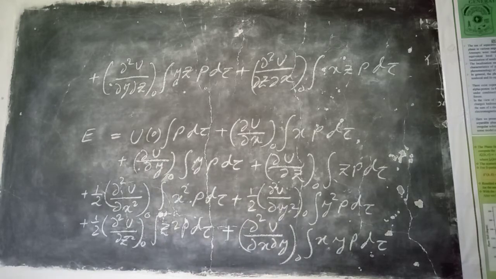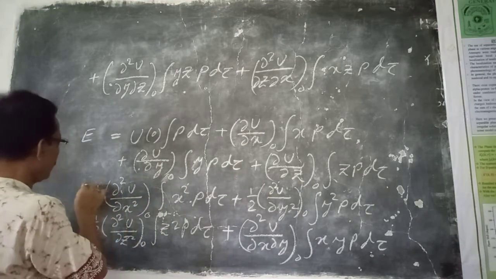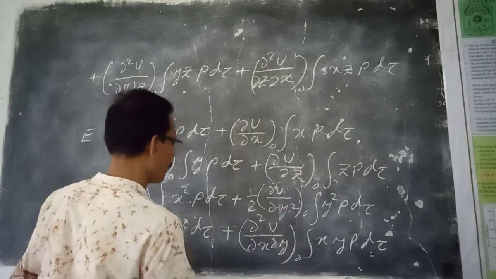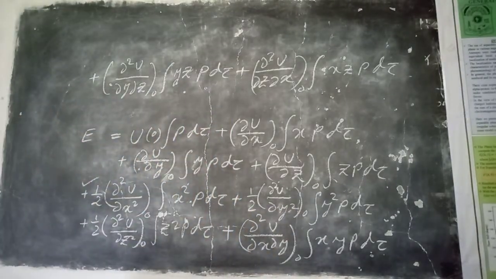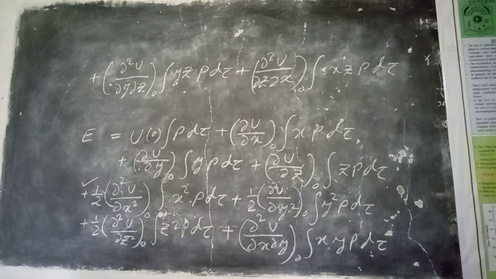Now the last 6 terms here, 1, 2, 3, 4, 5, 6, the last 6 terms in this expression are quadrupole terms. Not all these terms are linearly independent, and for an ellipsoid of revolution a single quadrupole moment is sufficient to describe the interaction.